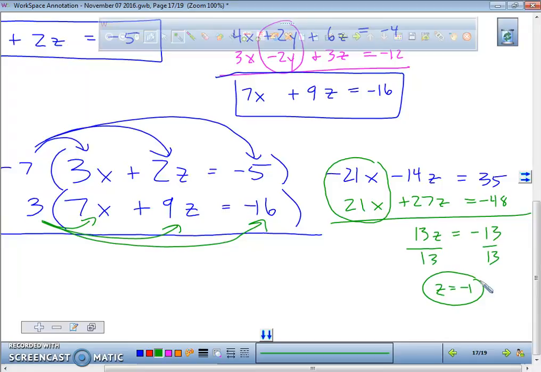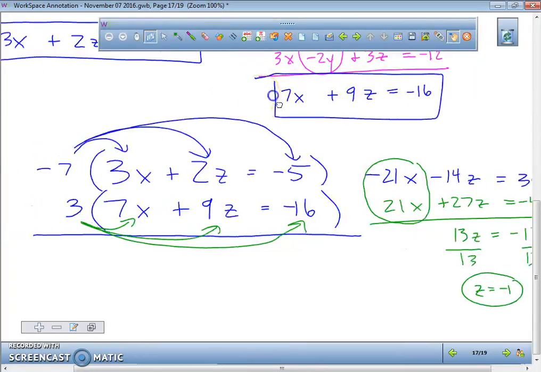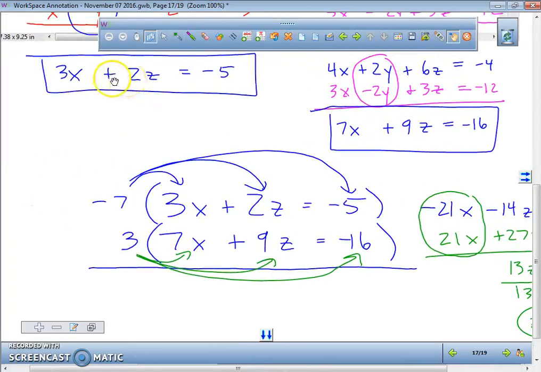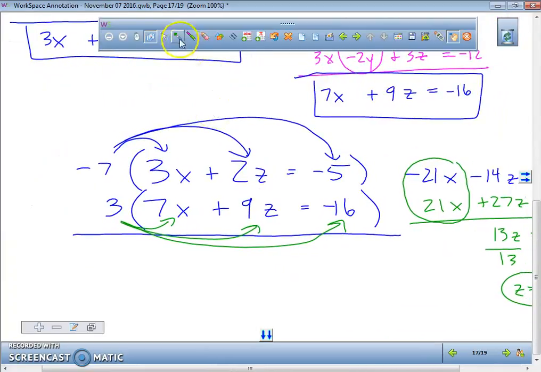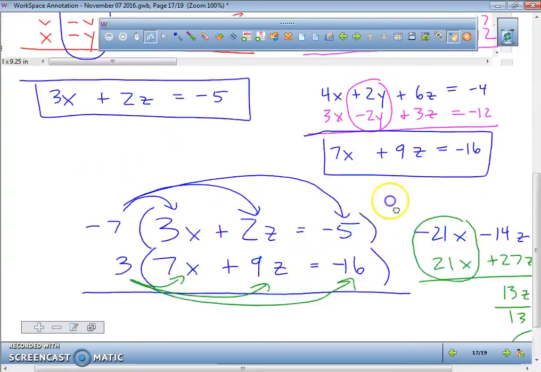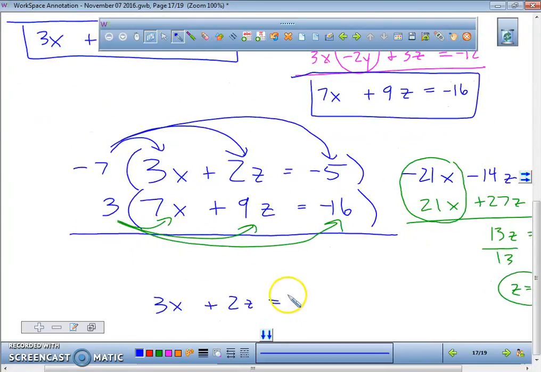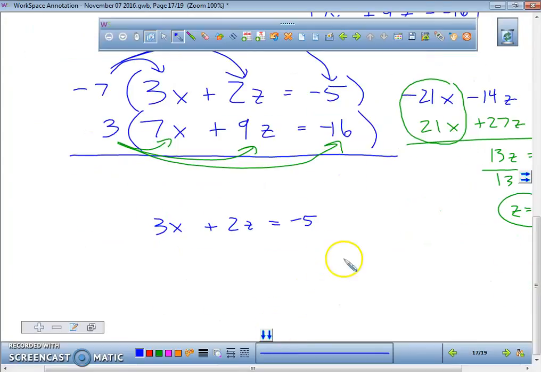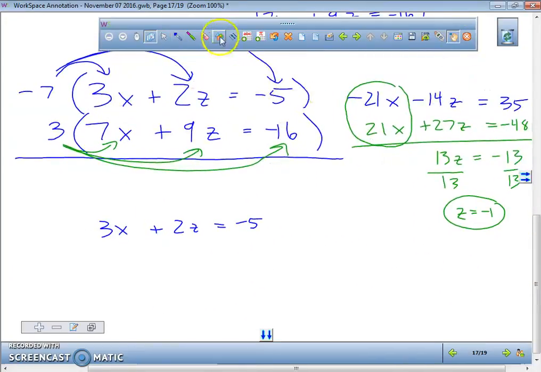Now, once you have the z variable, what are you going to do with it? You're going to plug it in. Let's just plug it into this formula right here. See 3x plus 2z equals what? Negative 5? What am I going to plug in for z right now?